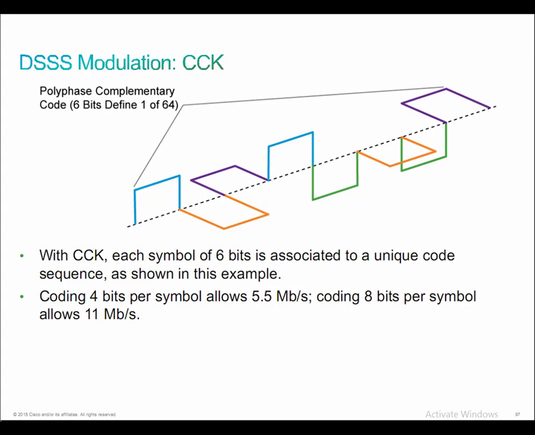Now CCK does use DQ-PSK to represent those symbols, but because there are 6 bits in each symbol, there are 64, which is 2 to the power of 6, different symbols that we can represent, because we're using binary math. So 6 places, 2 to the power of 6 is 64. Each one of those represents a unique 6-bit chip.